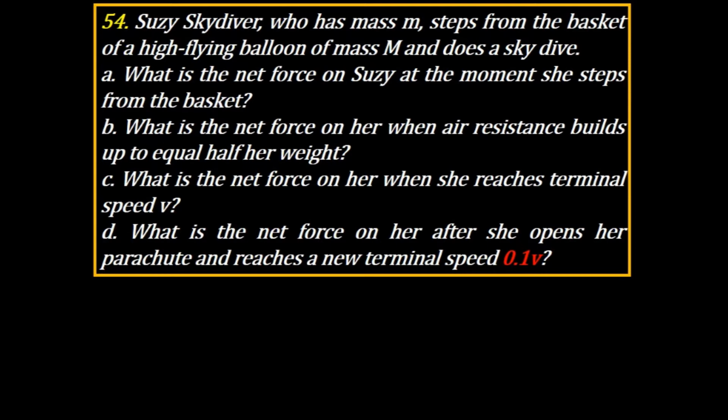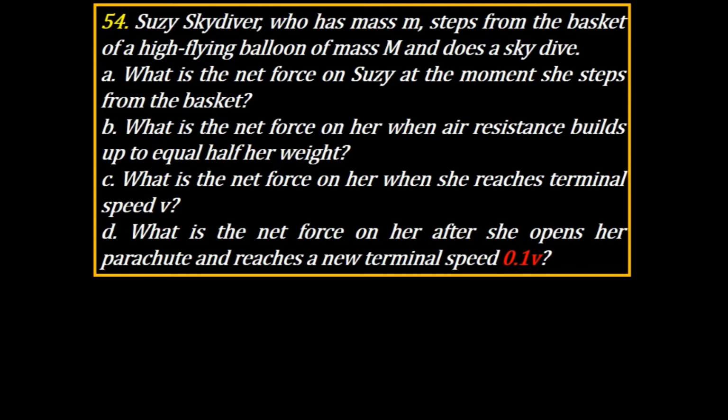What is the net force on her when she reaches terminal velocity v? What is the net force on her after she opens her parachute and reaches a new terminal speed, 1/10 v? So she's going to slow down, obviously.